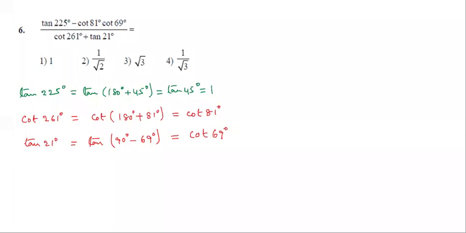Now substitute those values in the question. Tan 225 degrees, 1 minus cot 81 degrees, cot 69 degrees, divided by the denominator cot 261, that is cot 81 degrees, plus tan 21, that is cot 69.